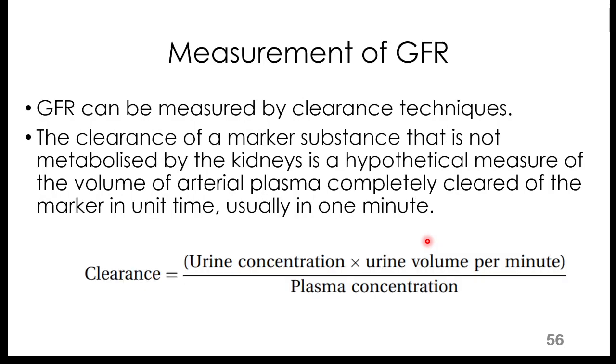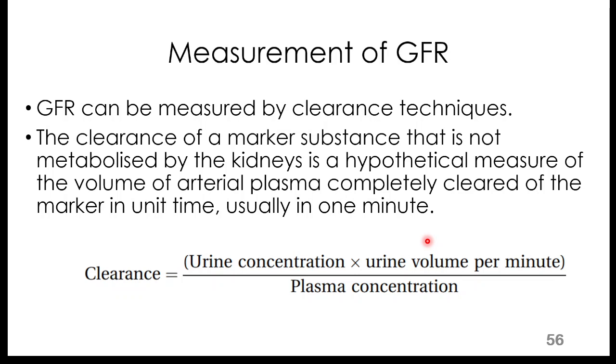So, measurement of glomerular filtration rate. It can be measured by clearance techniques. The clearance of a marker substance that is not metabolized by the kidney can be used to measure the volume of arterial plasma that is completely cleared of that substance in unit time, usually in 1 minute.